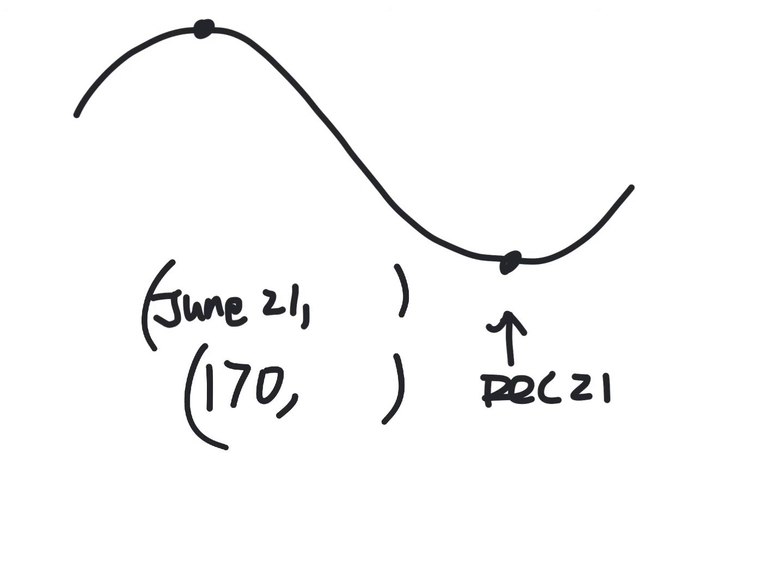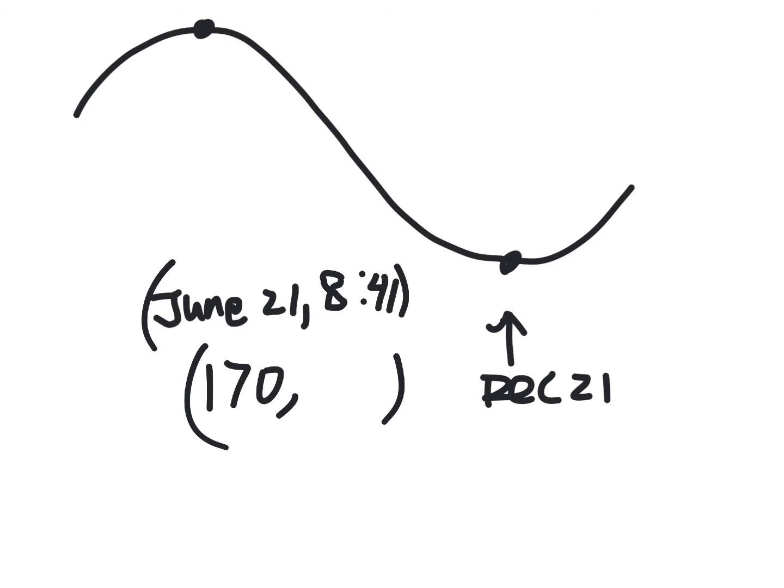And you go to sun. One of the options, there's a lot of little menus, is sun. And you type in a city, and you find the longest, sunniest day. And you'll realize, oh, there it is, June 21. And let's say that there was 8 hours and 41 minutes.